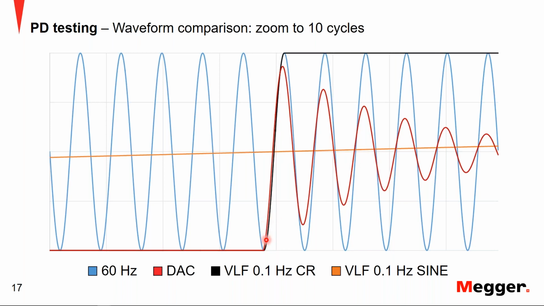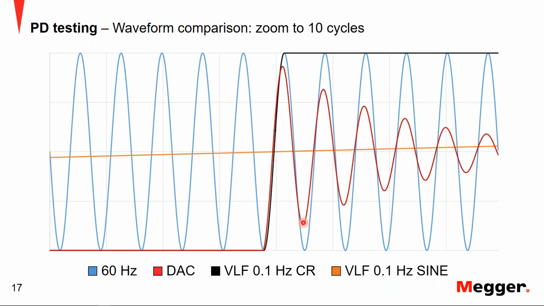But one thing to pay attention to is the voltage gradient here, which is very comparable to power frequency. As I mentioned earlier, it's very important to have that voltage gradient to ignite those surface discharges, or to get the appropriate inception voltages and extinction voltages.